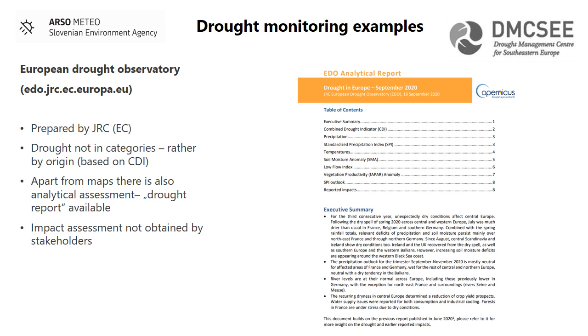So to conclude all three parts of this presentation, you are now familiar with the DMCSEE operational products and bulletin. You are now prepared also to be more involved in the drought watch platform, which will be presented in the next sessions.